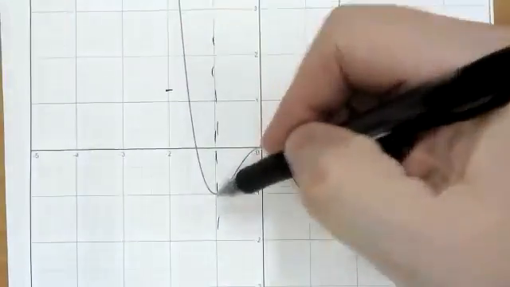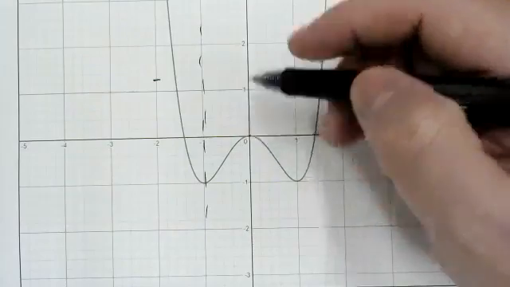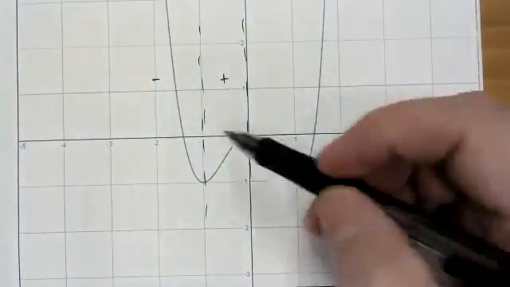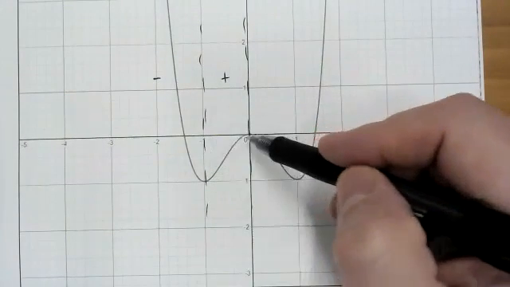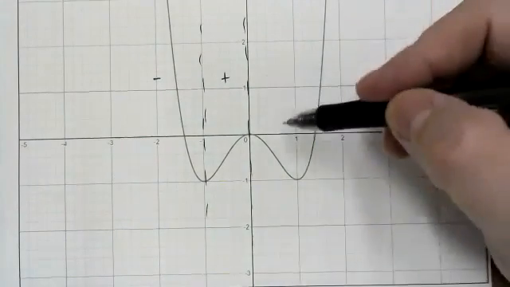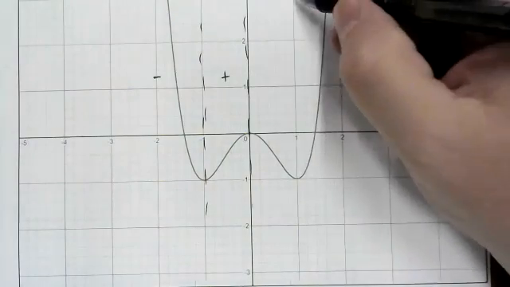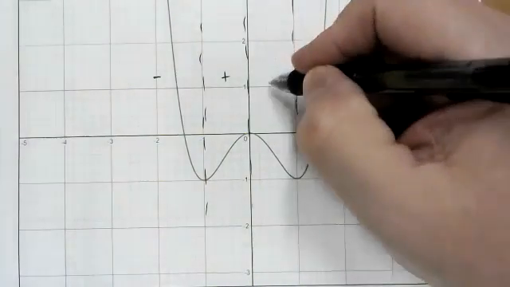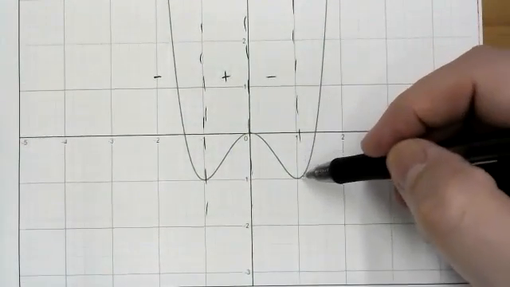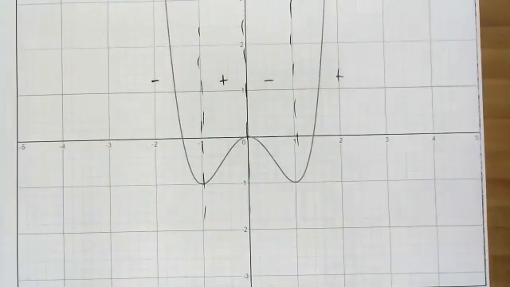So here's a negative slope. Here, positive slope until you get to here. So from when x is -1 to 0, the function has a positive slope. Here, the slope is negative again until you get down to this minimum. And then the last section, starting here and moving up again, is positive.